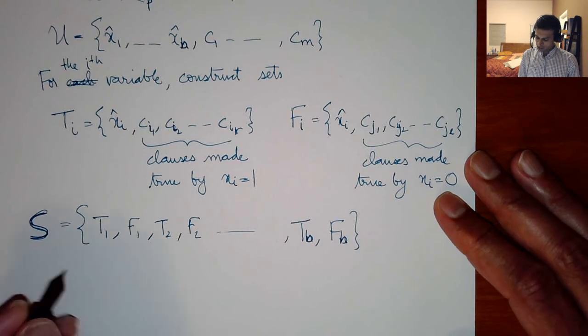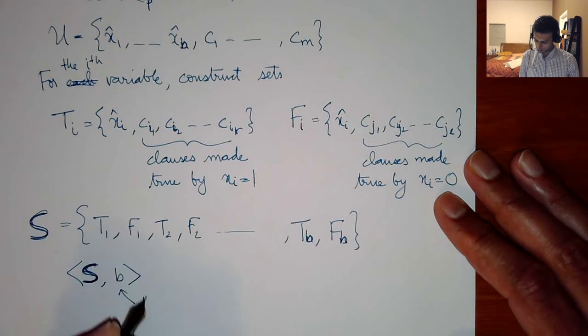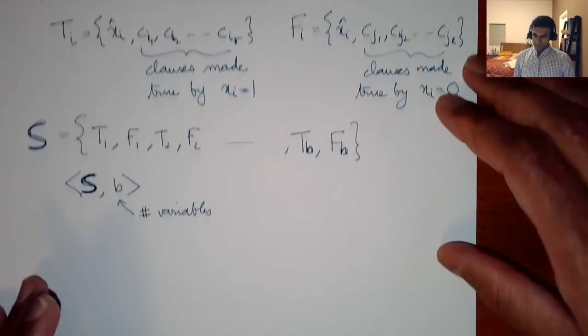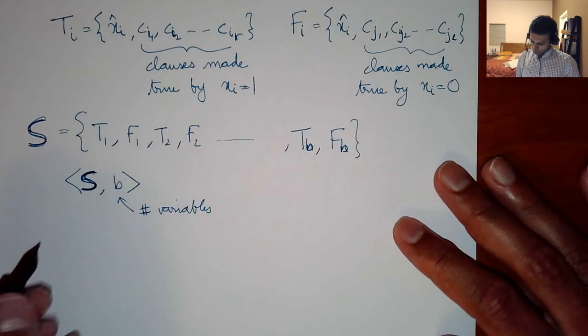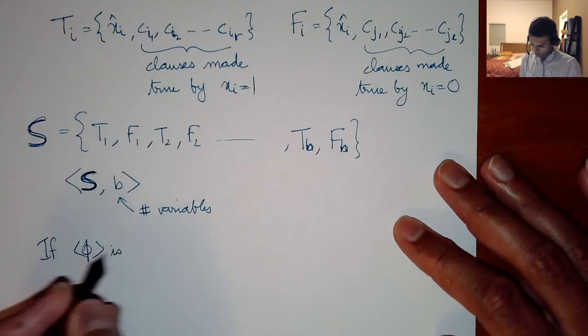And now my instance is going to be this family, comma, b, the number of variables.